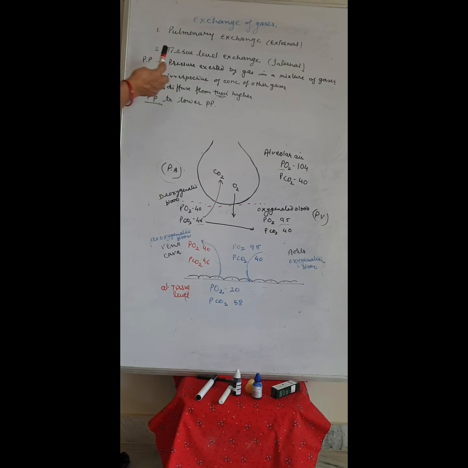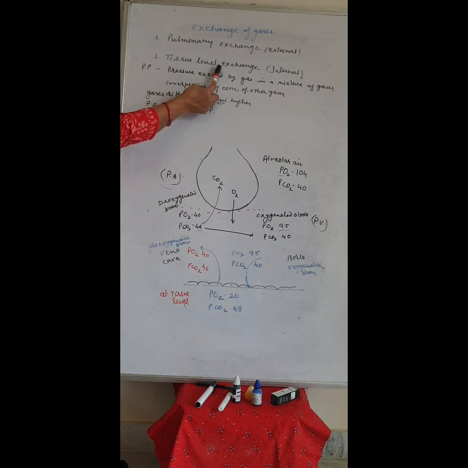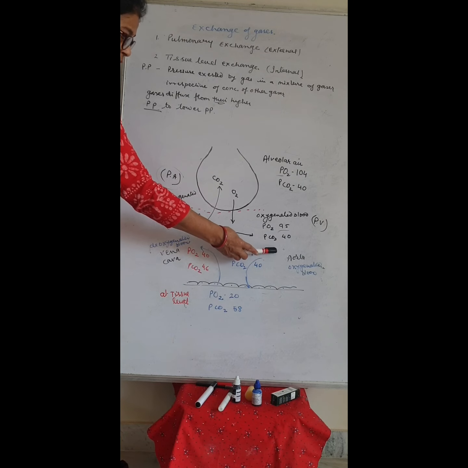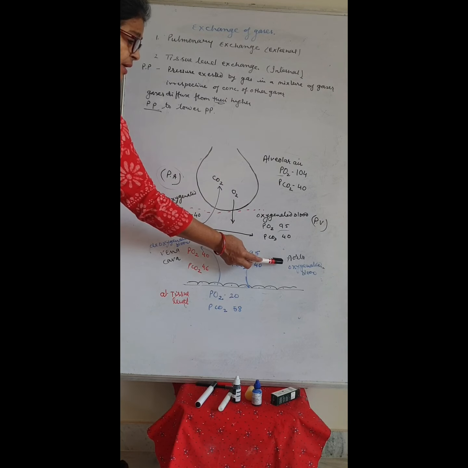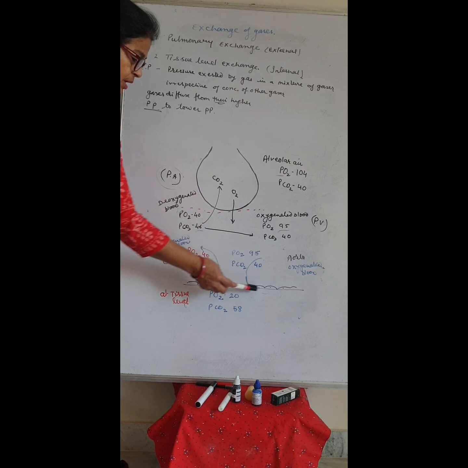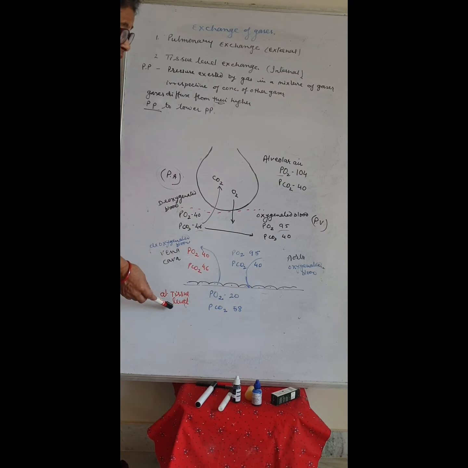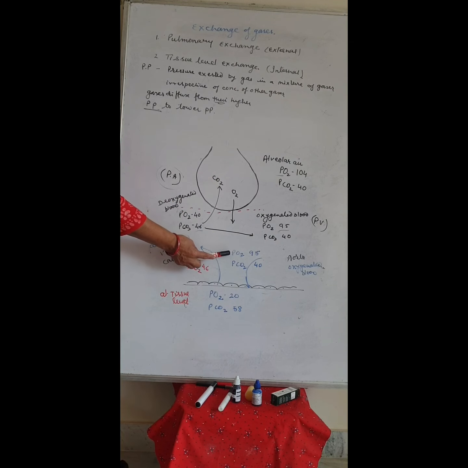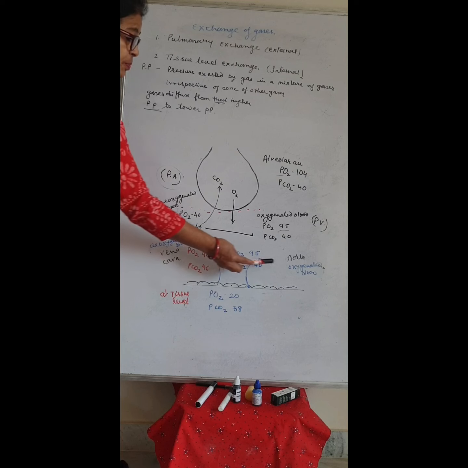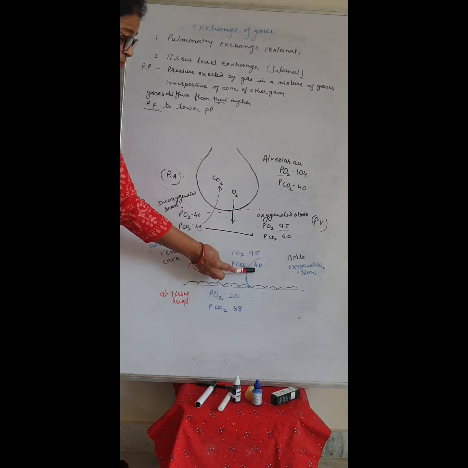Now we discuss the tissue level exchange, or the internal exchange. This is the aorta, the largest artery that carries the oxygenated blood from the left ventricle to the tissues or organs. In the aorta, oxygenated blood is there. The oxygen pressure is 95 and the carbon dioxide partial pressure is 40.